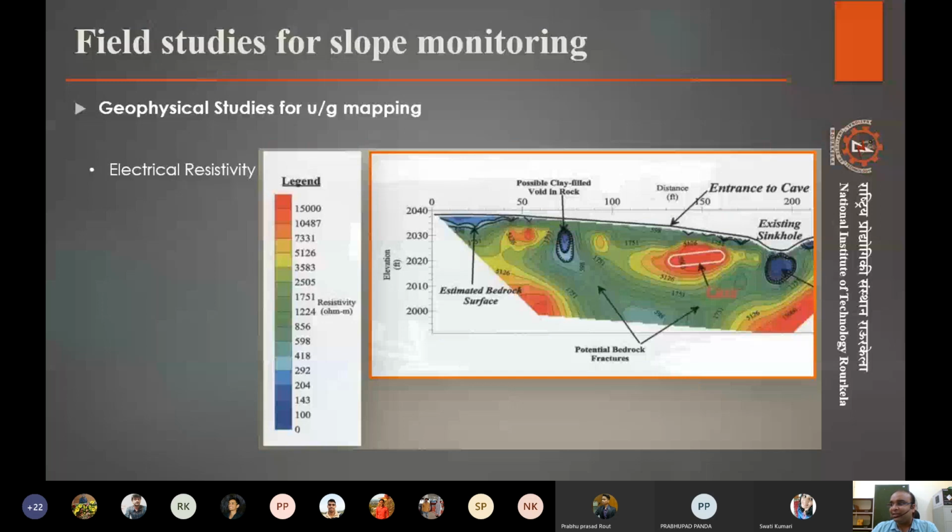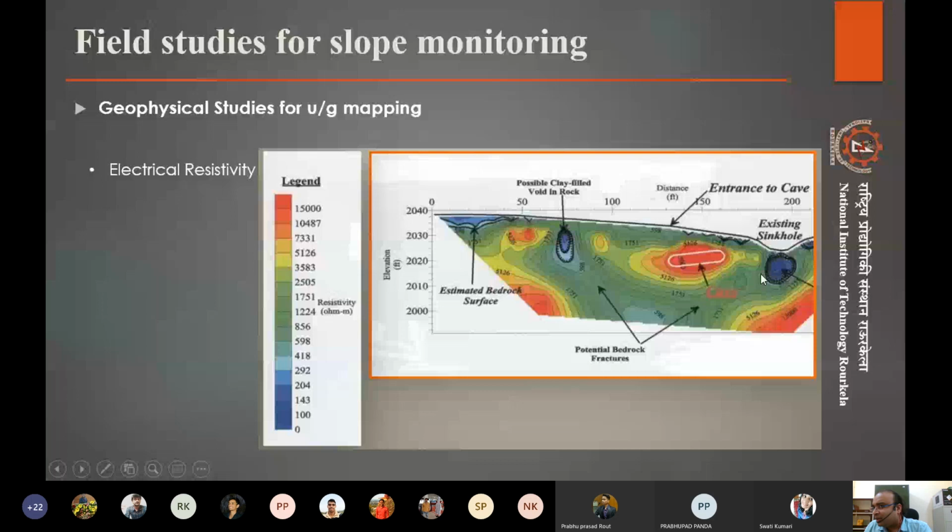Due to this sudden change in the resistivity of these materials, we can find out certain desirable properties. For example, in this curve, you see how with depth, there are certain pockets that we can actually predict.